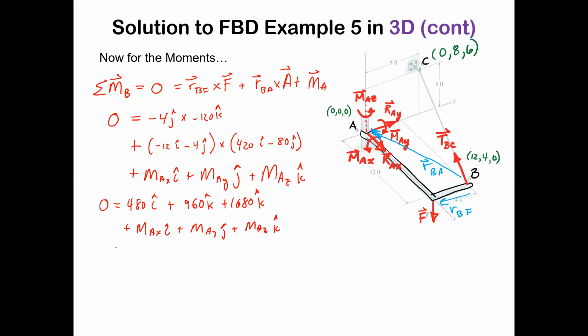So that means that MAX has to be minus 480, and that is pound-feet. MAY is 0, it's not needed. There's no J term in there. And MAZ is going to equal the sum of those two, minus 2640 pound-feet.